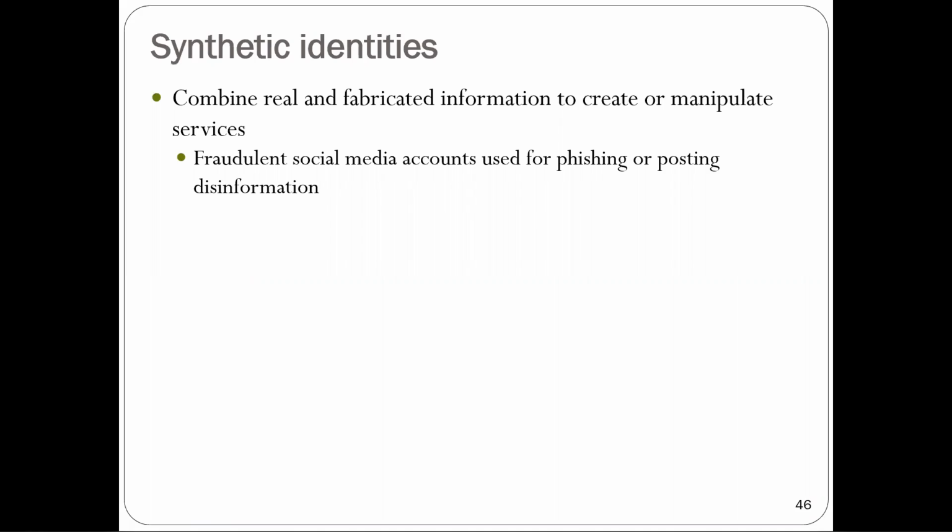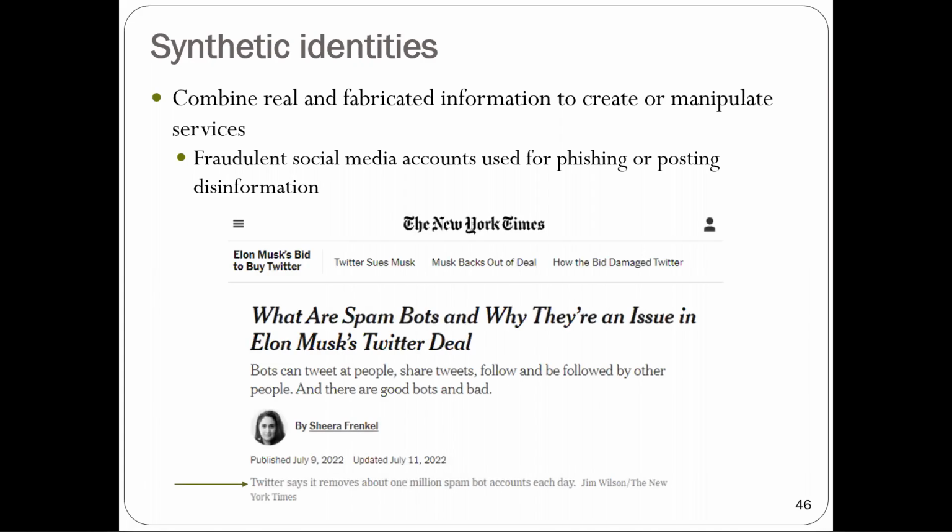This is very prevalent on social media, and they're used for phishing or posting disinformation. We're going to talk about disinformation later on, but for now we're going to talk about phishing. And this is basically what that Twitter deal, which is going to close this Friday, like tomorrow, apparently got held up with. It was the amount of synthetic identities on Twitter.